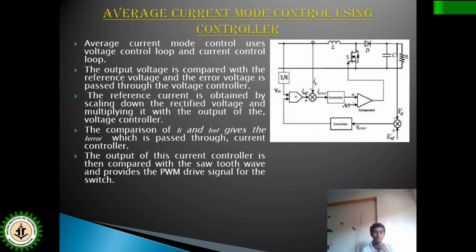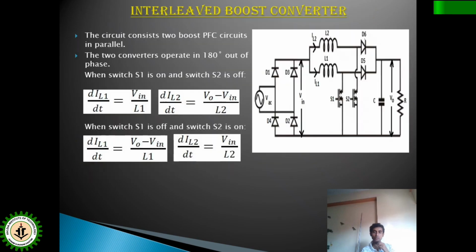When the switch is off, inductor current will decrease. So there are ripples in the inductor current, and the same ripples will be there in the input current. If we have to eliminate those ripples, then we will use an interleaved boost converter. So this is the interleaved boost converter.